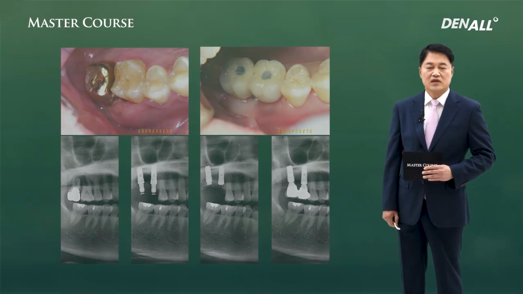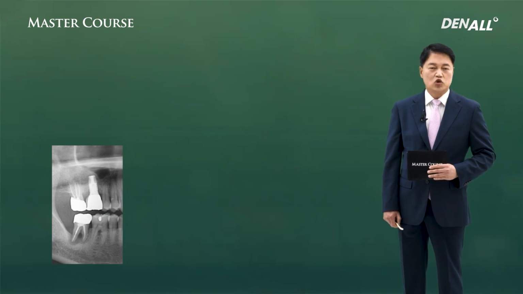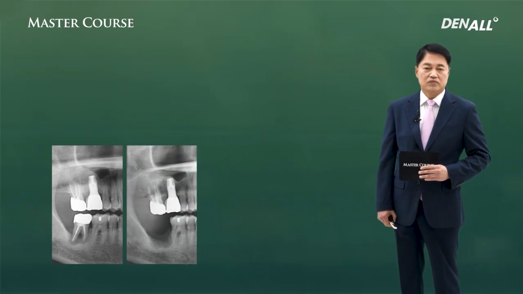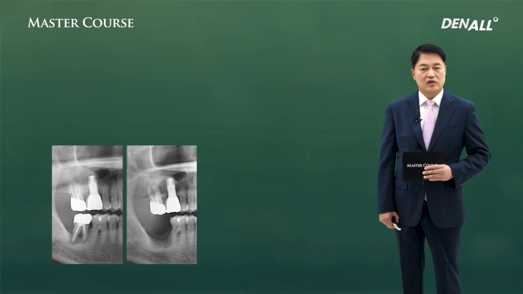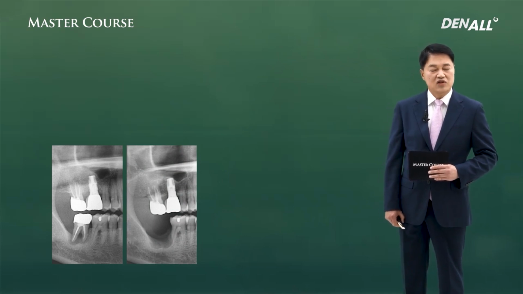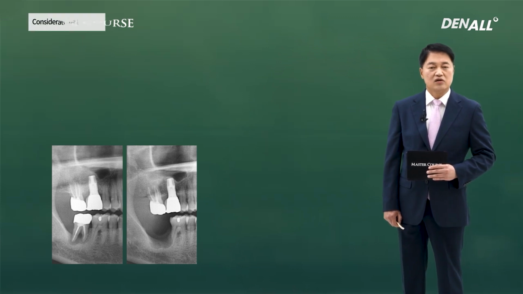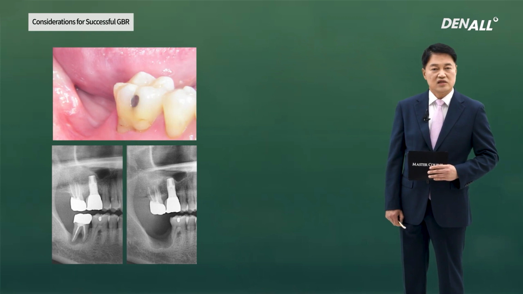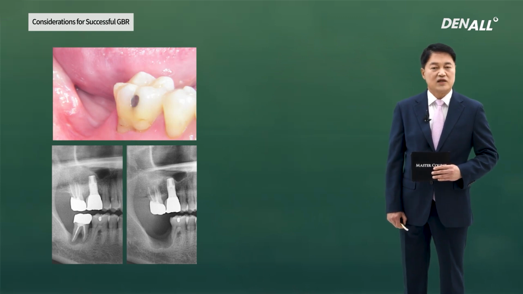In number 47, due to advanced periodontitis, the patient came in for implant. There was a lot of bone resorption, so implant placement seemed difficult. For a staged approach, GBR was planned. This is after GBR.